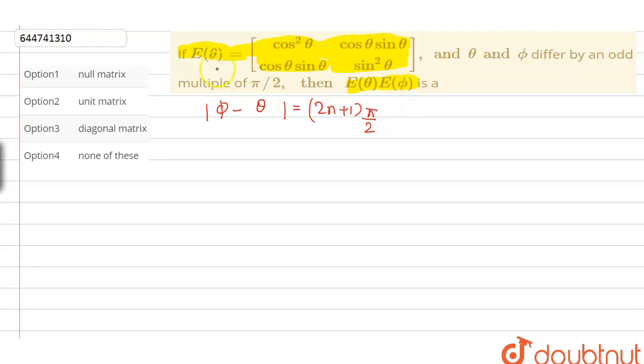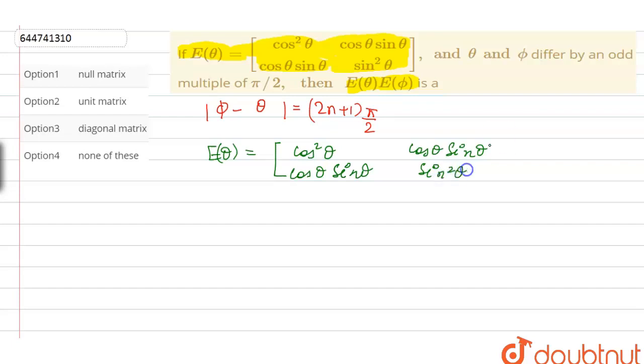So first of all, let us write the value of E theta. E theta is this matrix, which is equal to cos square theta, cos theta sin theta, and the other entries are cos theta sin theta, and the last entry is sin square theta. Now we have to write the value of E phi.